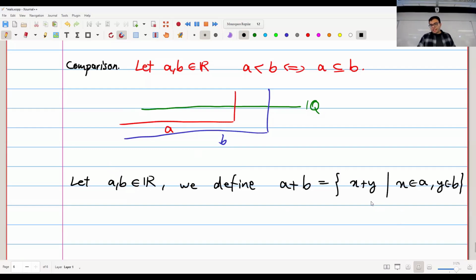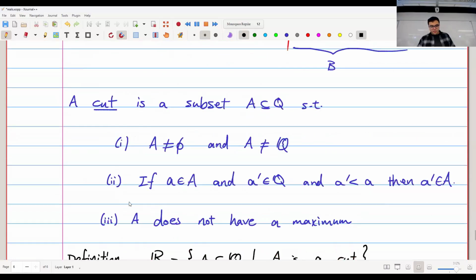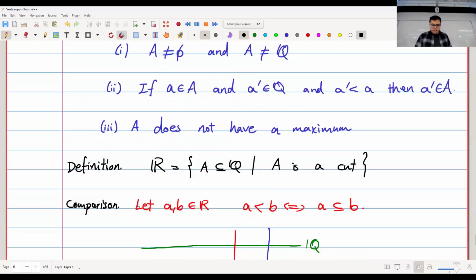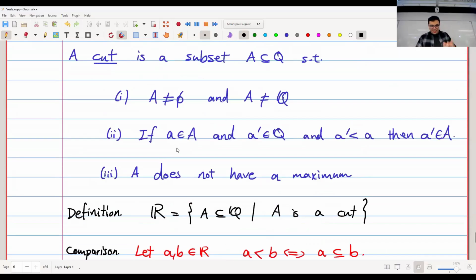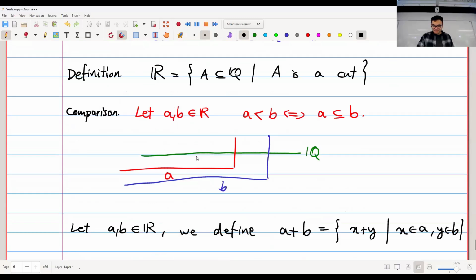Now you have to prove that this set is also a cut. So you have to prove that this set satisfies all three of these properties, because I want to define my addition in R itself. I want the sum of two real numbers to be another real number, right? But I leave it to you to check that it satisfies all of these things.